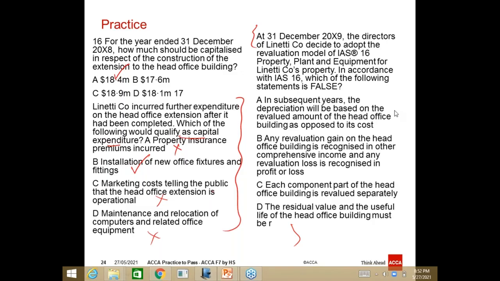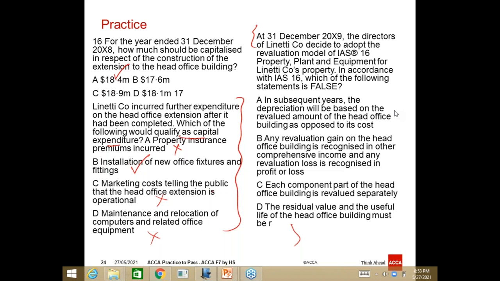Insurance in transit means that if you have bought the asset from another country like USA or Canada or something, and your asset is coming through the shipment, and you have to pay the cost of the insurance, which is called the insurance in transit.